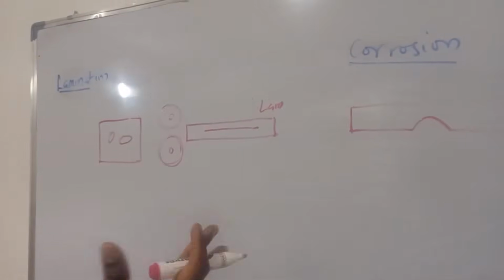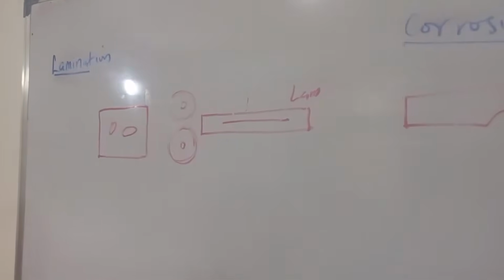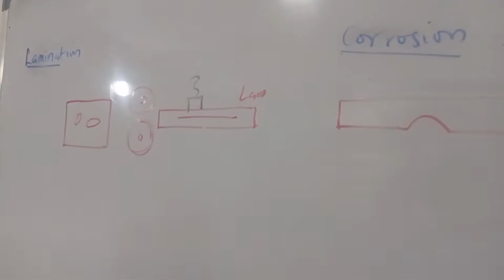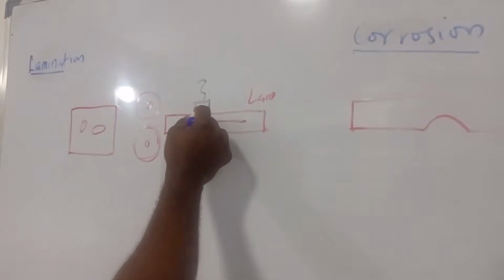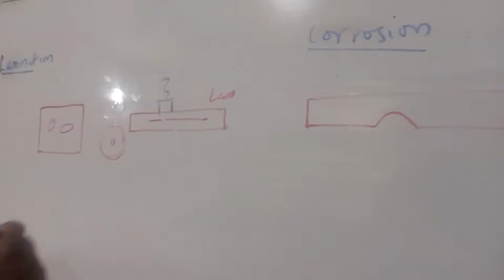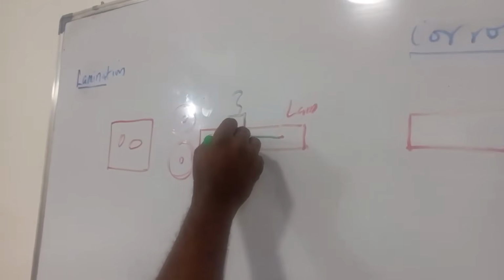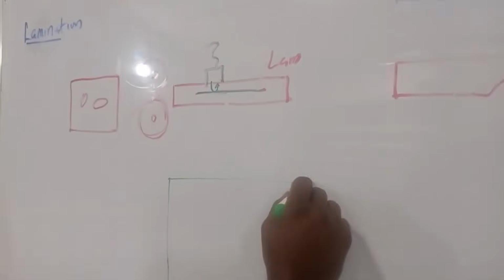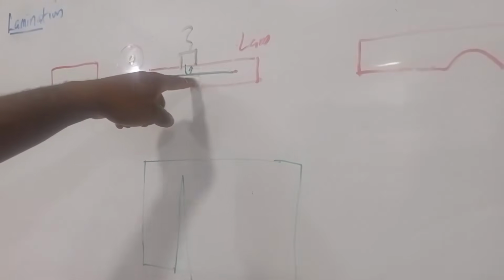Now, if you look at the difference, if I put a probe here and we send the ultrasound in, it gets to the lamination and it's reflected back. Typically, we are going to have an indication coming from the lamination.